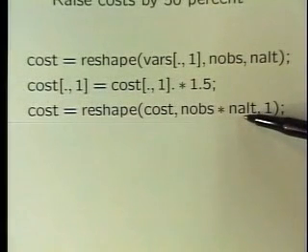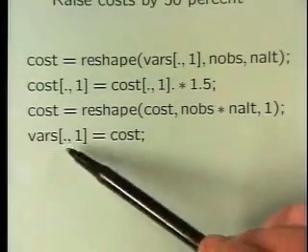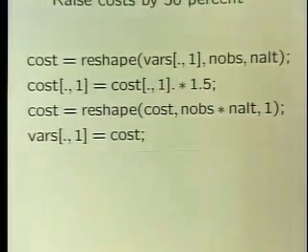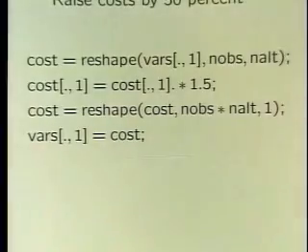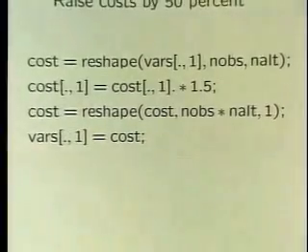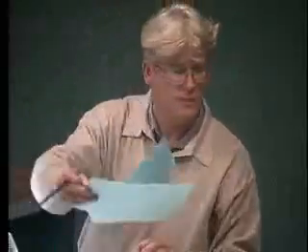And then we're just sticking it back into the matrix where we originally got it. So these are the lines that you need to add in the forecasting code to allow the cost of the auto alone alternative, the first alternative, to rise by 50%. Then you simply rerun the code and see what the forecasts are. So I hope everyone did this.